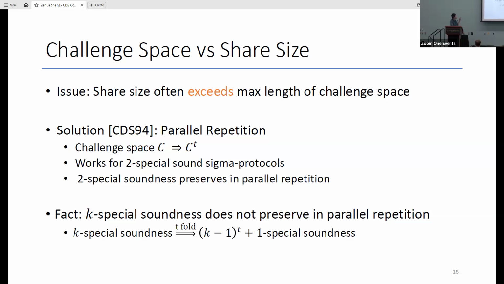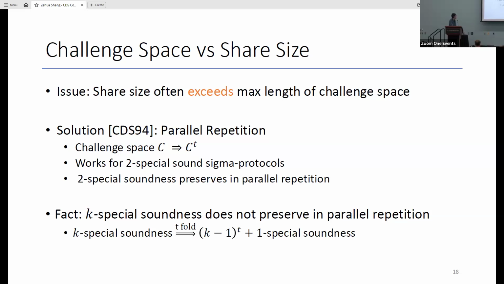And this works for two-special-sound Sigma protocols very well, because no matter how many times you parallel repeat your two-special-sound protocols, it will preserve two-special-soundness after your parallel repetition. However, the fact is that k-special soundness is not preserved in parallel repetition.